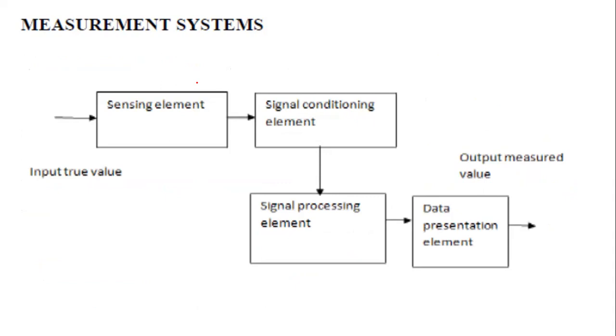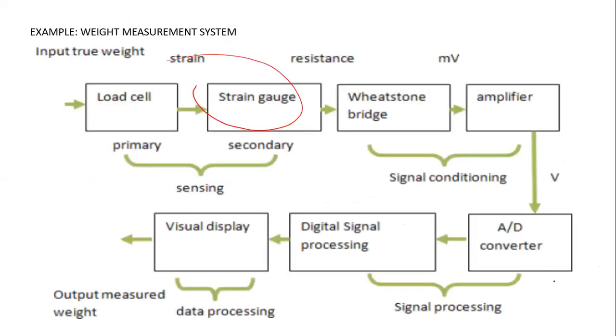It will sense a certain quantity, a certain measurement, and that will be processed through signal conditioning and signal processing elements. And then after that, we present it to the display devices.